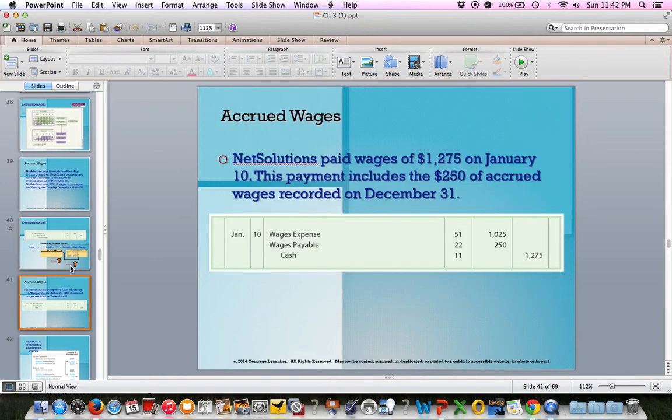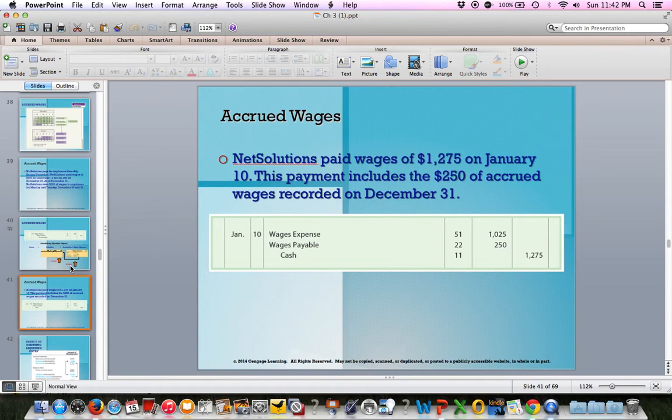And then it says when they actually pay the full amount to employees in January, so on January 10th they'll pay for the previous 2 weeks, they credit cash for $1,275, but they only debit wages expense for $1,025, which is basically the wage expense from January 1 to January 10, because the previous $250 was already recorded as expense in a previous month, and so we'll debit wages payable to remove the liability.